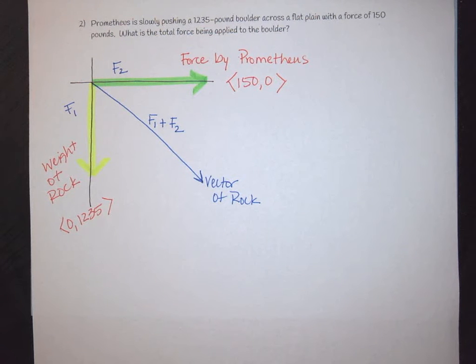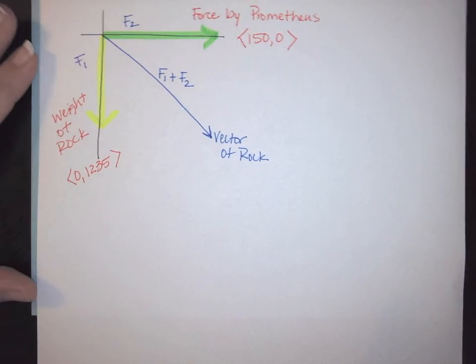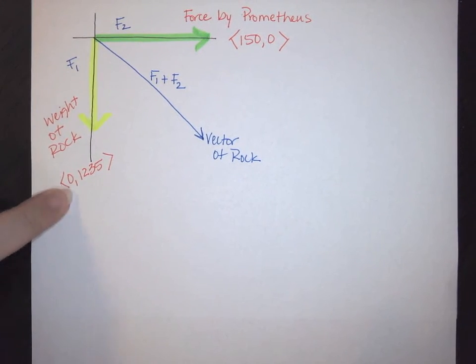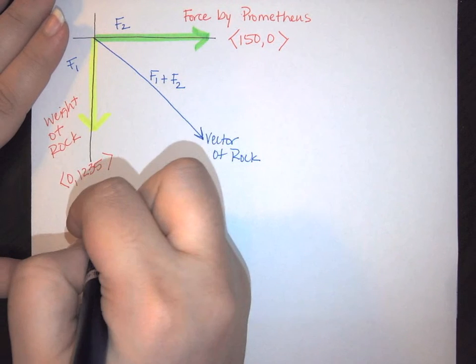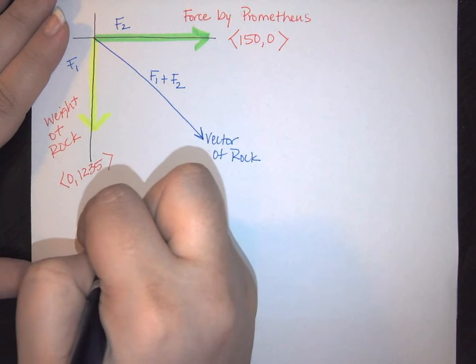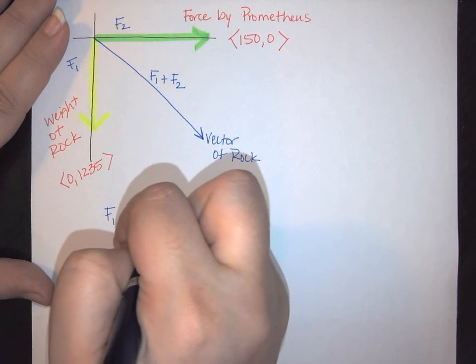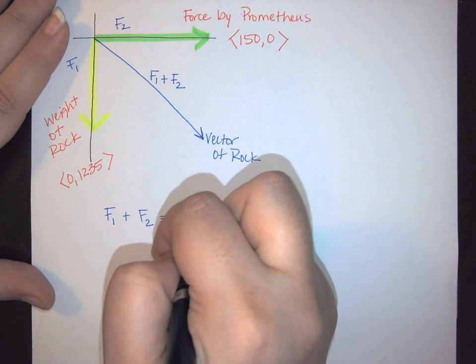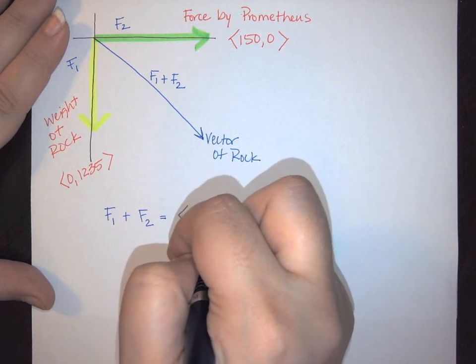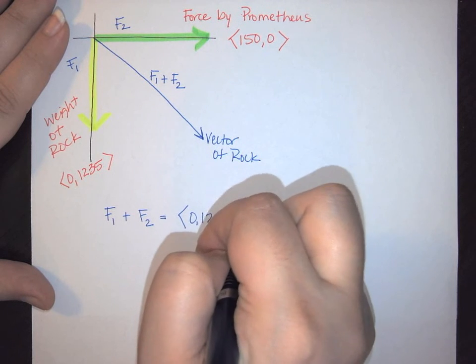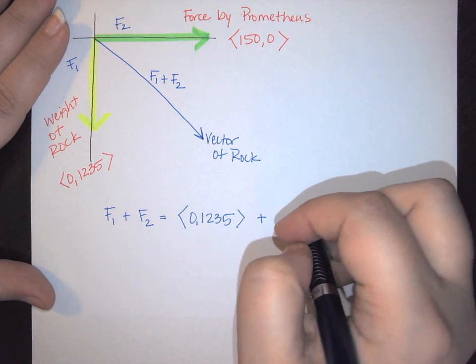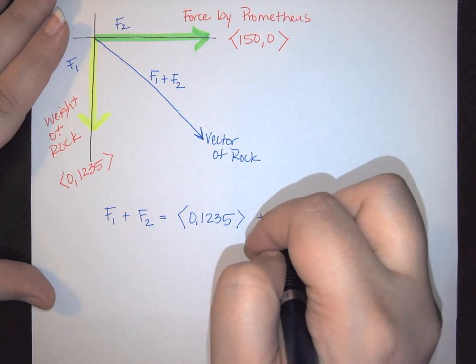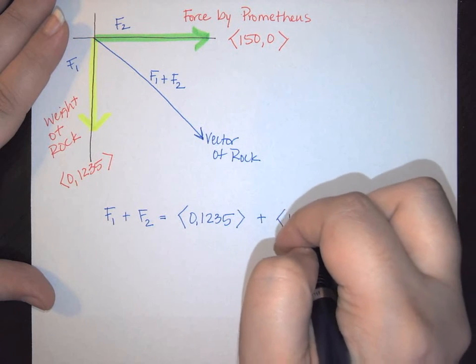Now we have everything we need in order to solve this problem, because we have the component forms of these two forces. So when we have F1 plus F2, we have 0, 1,235 plus my F2, which is 150, 0.